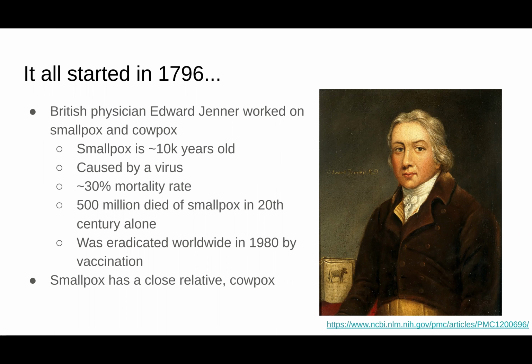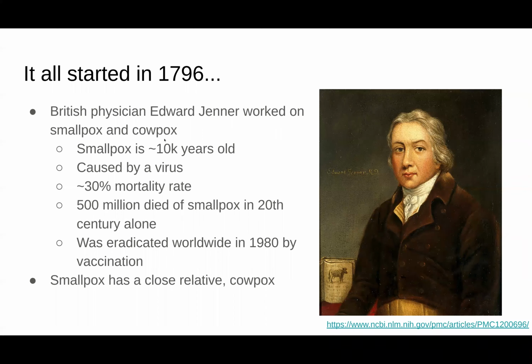In the 20th century alone, it infected 50 million people, killing 2 million. And so throughout time, it's been one of the most infectious and deadly diseases out there. Depending on where you look, it has approximately a 30% mortality rate. So it's a pretty high mortality rate.